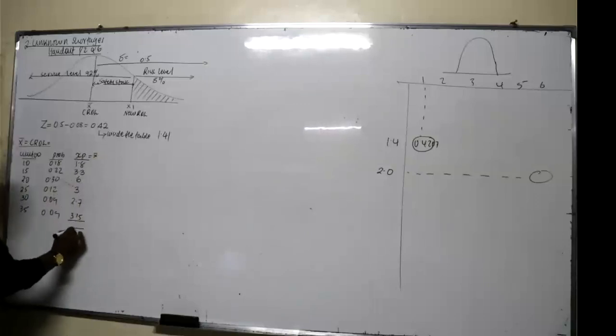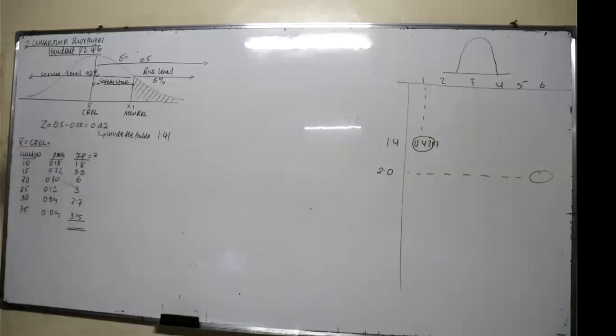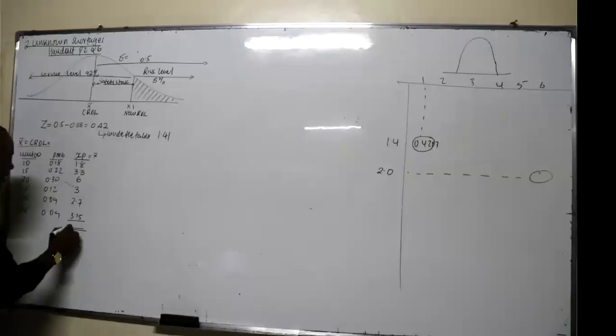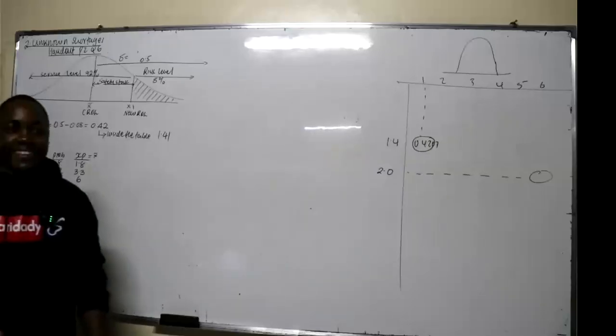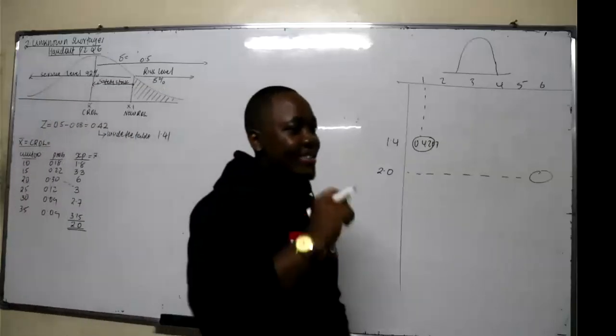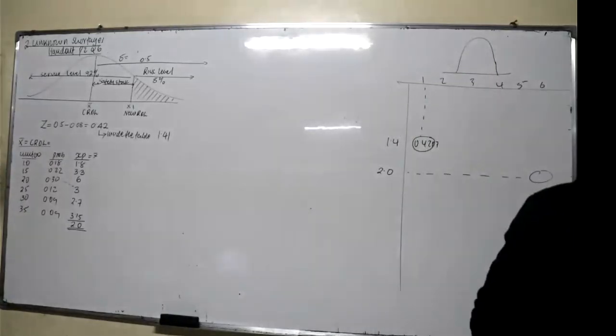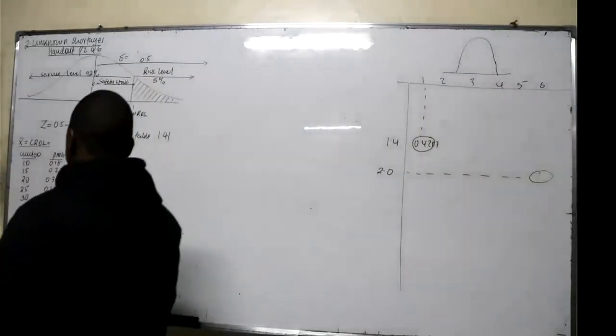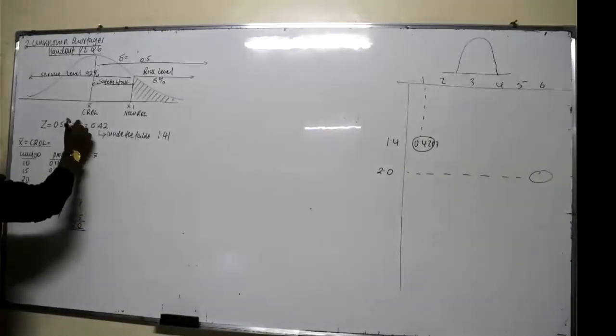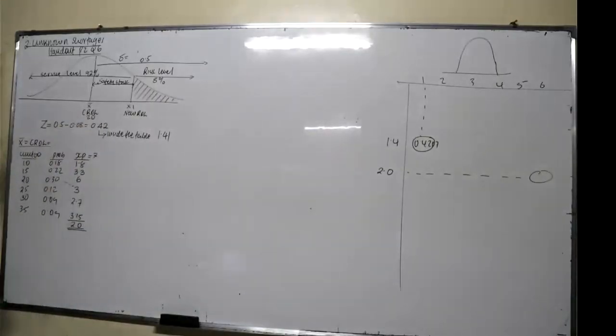Now add the total so that we get the average. Remember, it is the average units, so for the number of units there is no 0.3 units. So the average is 20. That means the current average is 20.